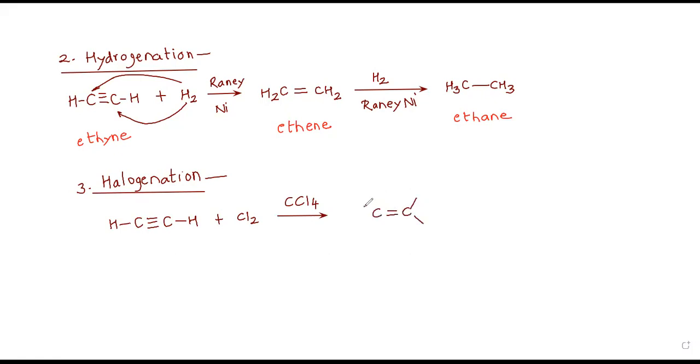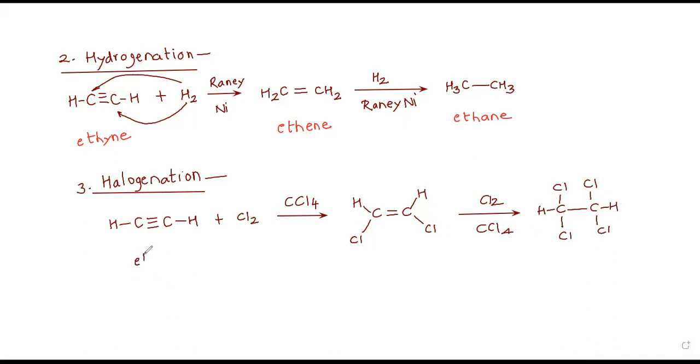So here across this, chlorine atom is added. Then again we add another molecule of this. So two were already there. And now two more will be added across the double bond.